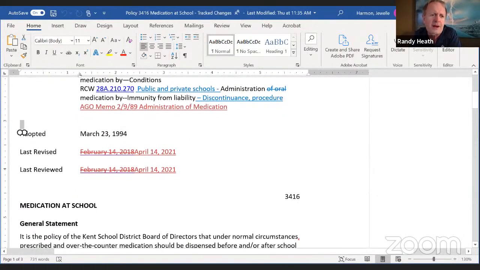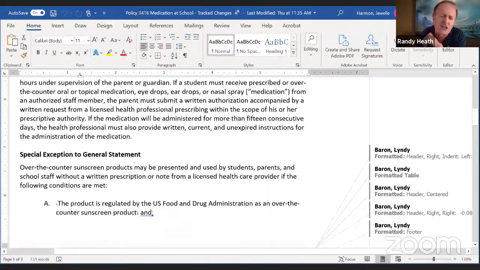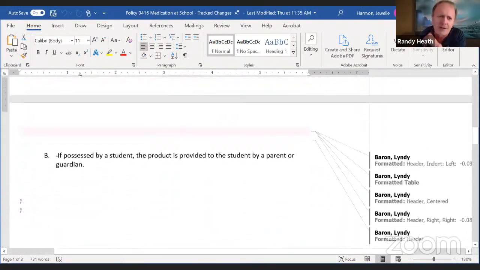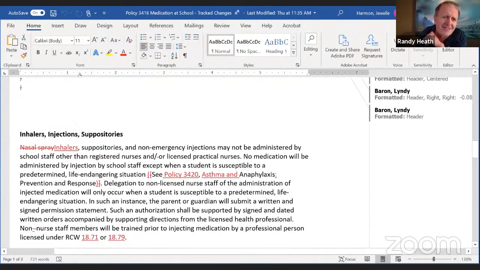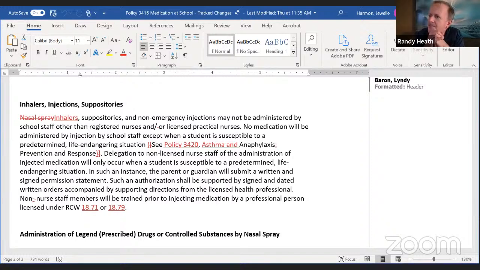So the policy change that you see here, there's a little bit of cleanup just to make sure that we are cross-referenced where we need to go. But really, it's this part under inhalers, injections, and suppositories that we need to cross out nasal spray. Nasal spray is now something that can be delegated. And so that needed to be stricken, and inhalers needed to be put into its place.